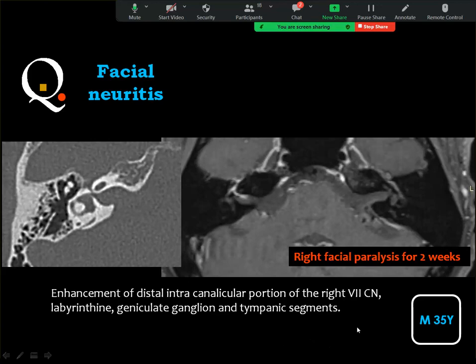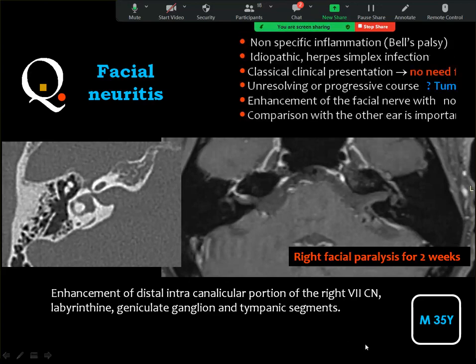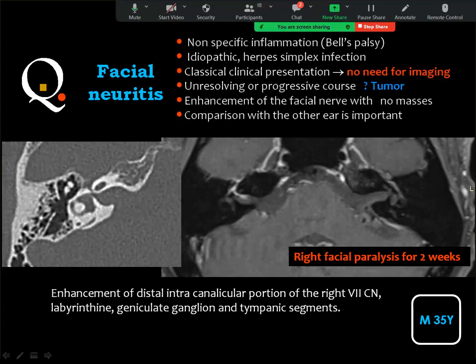And this diagnosis cannot be reached unless you have MRI with contrast material, and you may also support your technique by FATSAT. Then you are able to see the enhancing nerve, and you diagnose the inflammation of this nerve. Then this is non-specific inflammation. It can be idiopathic, can be secondary to herpes.